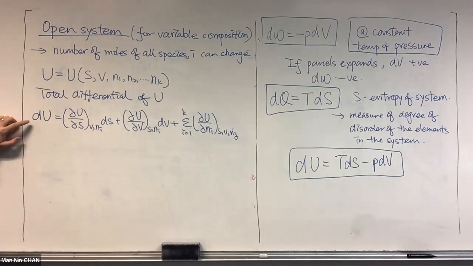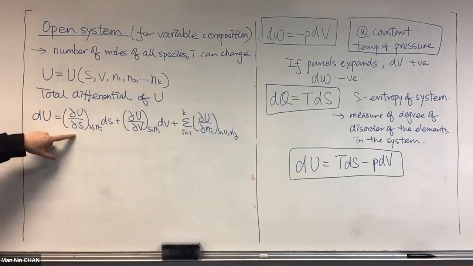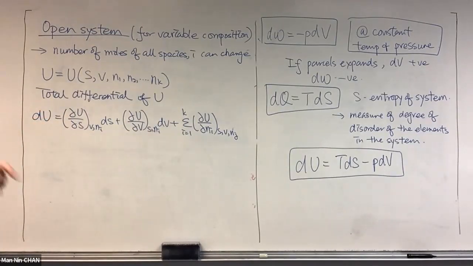Then you can see the change of your internal energy will be, for example, partial U partial S. You look at the change in your entropy, but holding other parameters constant.